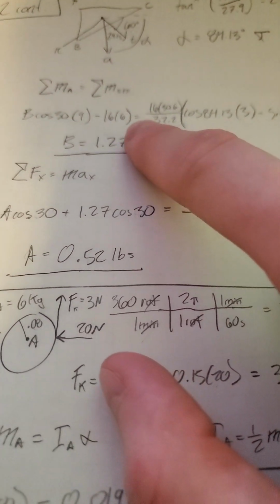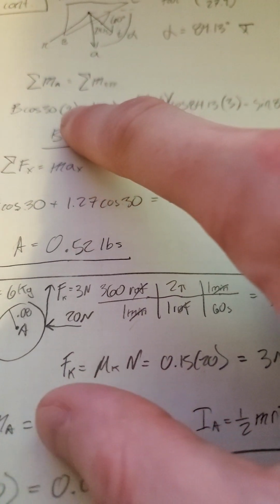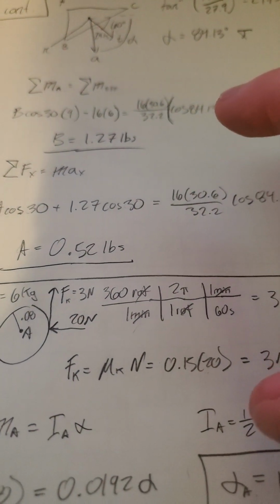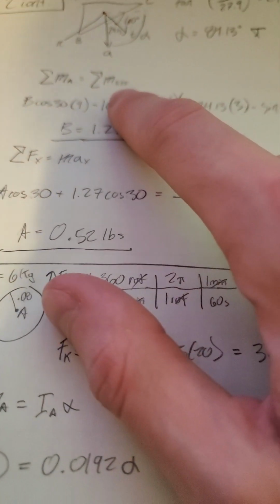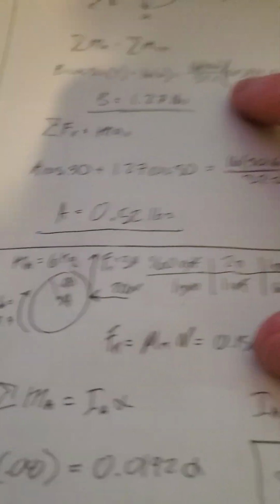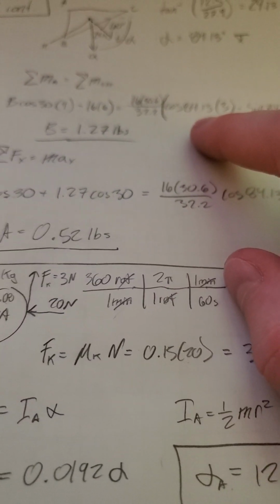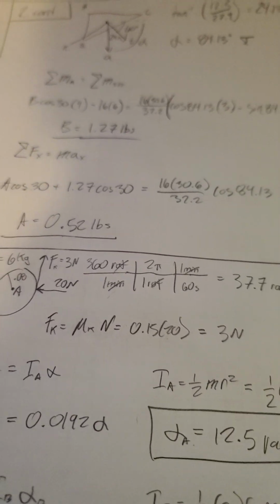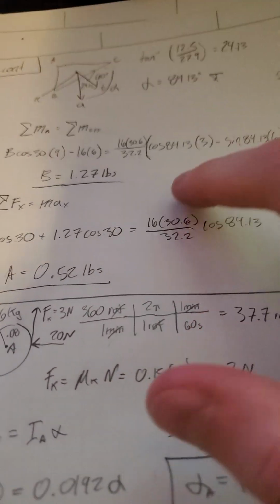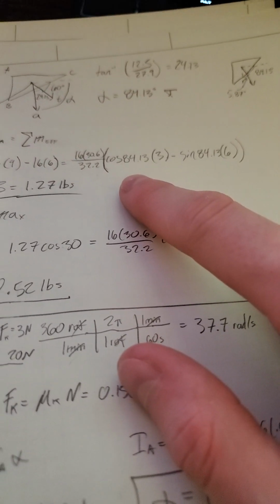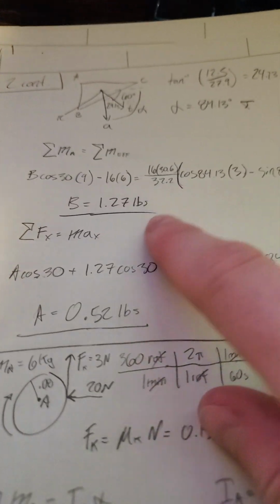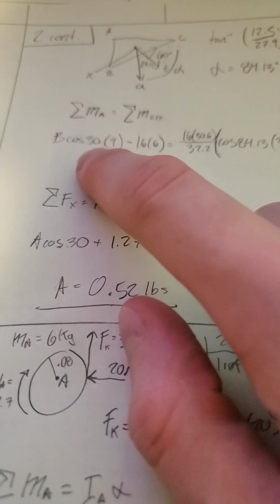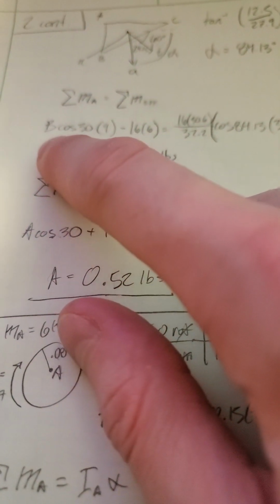And then from there, we can actually just sum up the moments. So we know that if you sum up all the moments at any point, it's going to equal the total moment, like the net moment, that's actually affecting the object.